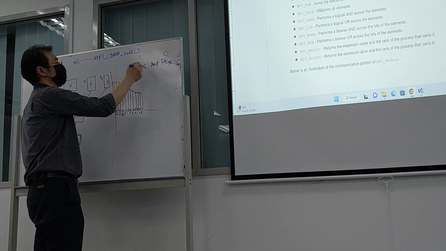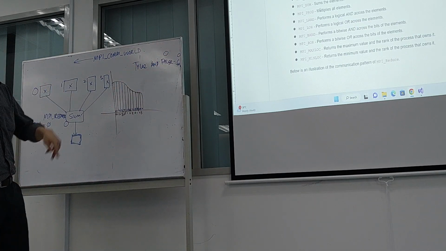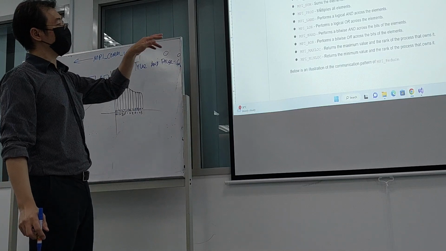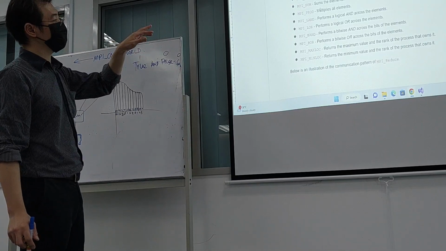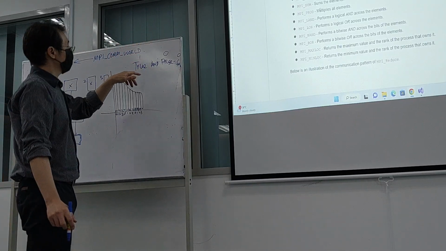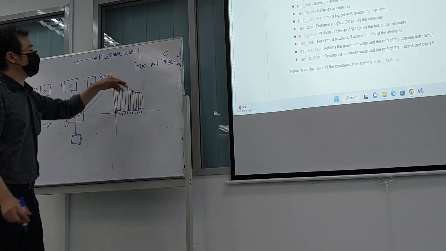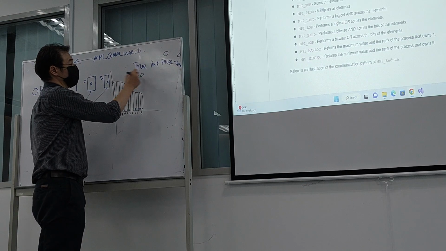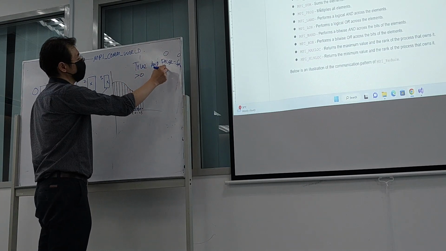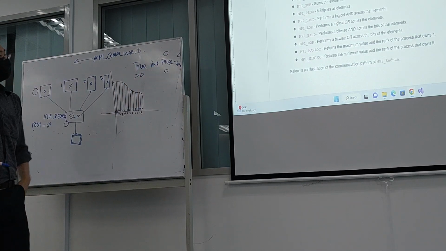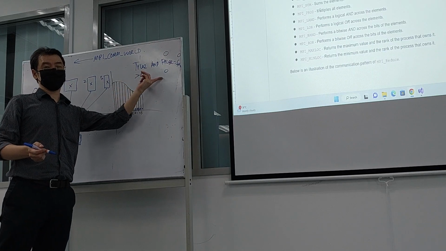So whenever you do this logical operation, we are looking at true and false only. And anything that is bigger than 0 is true. Anything that is 0 is false. So there are only two states.